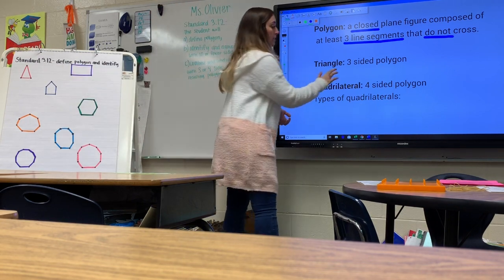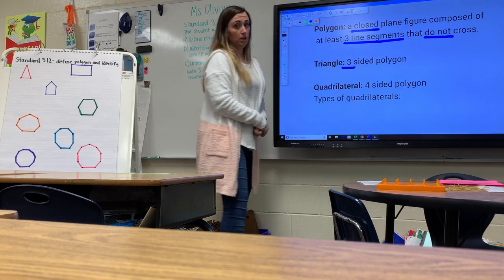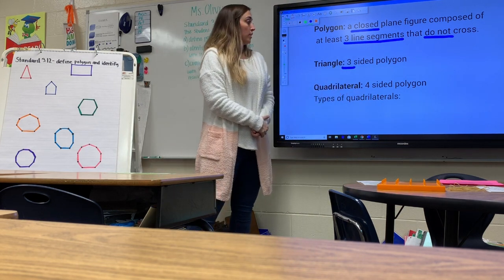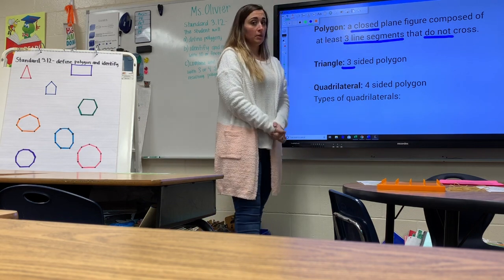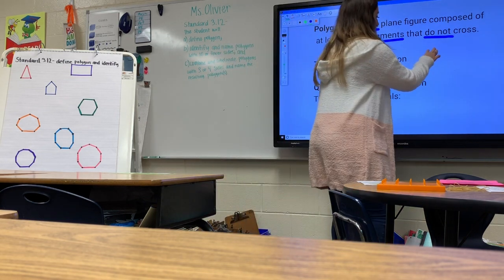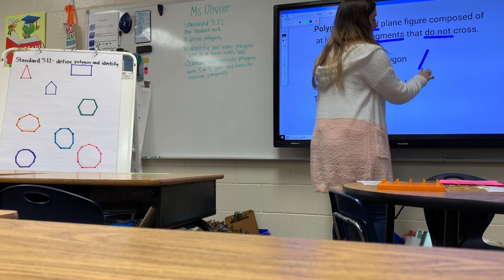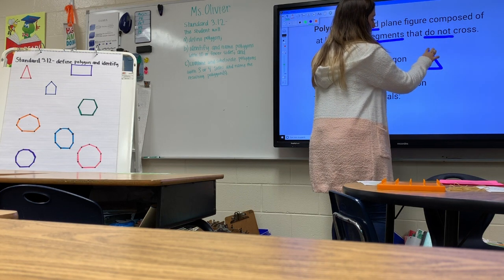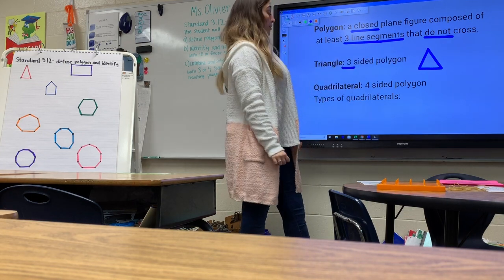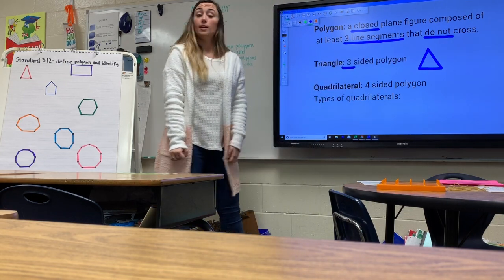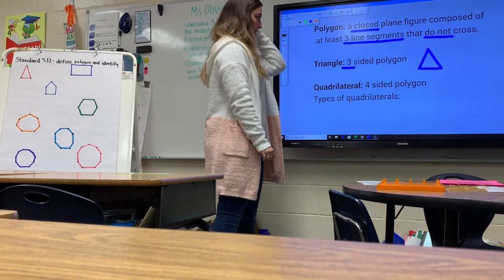A triangle is a 3-sided polygon. With the triangle being a 3-sided polygon, it has to be a closed plane figure. So the triangle must look like this. 1, 2, 3. And see, it's closed on the inside. If it was open, it would not be a triangle and it would not be a polygon.